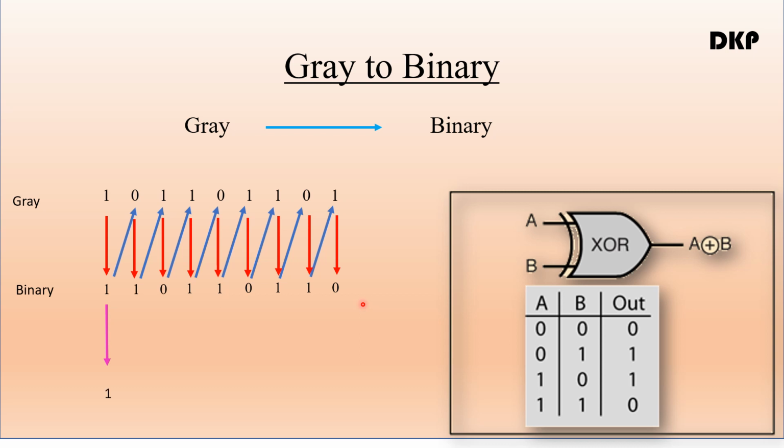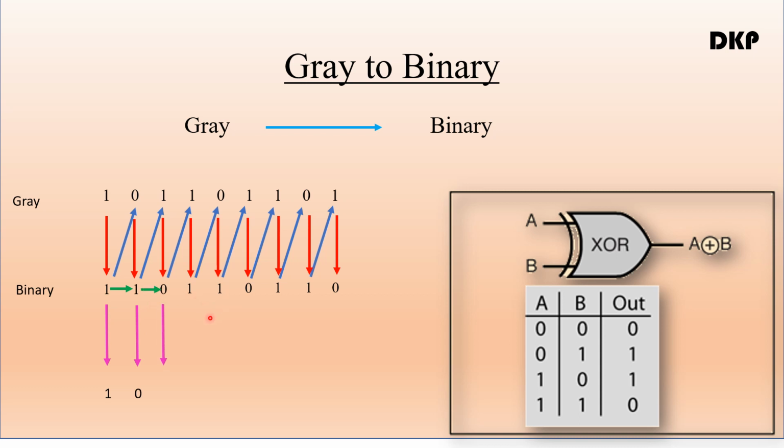The first step is write the first bit as it is. From now onwards, we have to XOR the bits with their adjacent bits. So the first bit is XORed with its adjacent bit, that is the second bit. You will get 1 XOR 1 as 0.